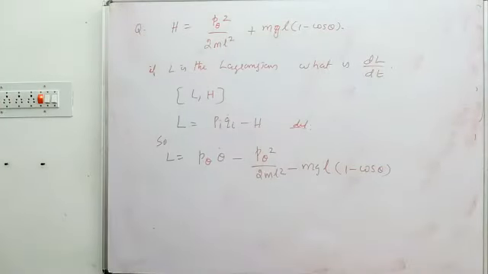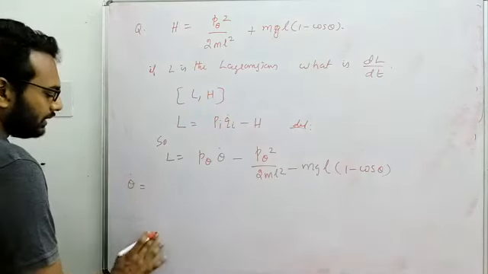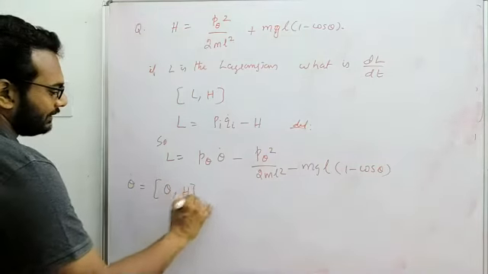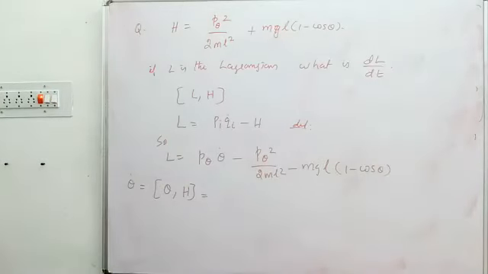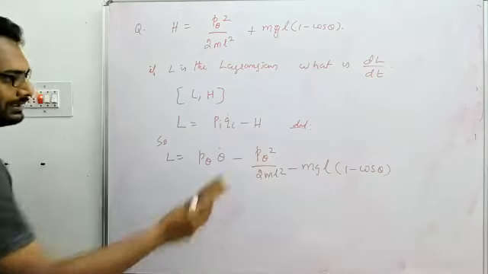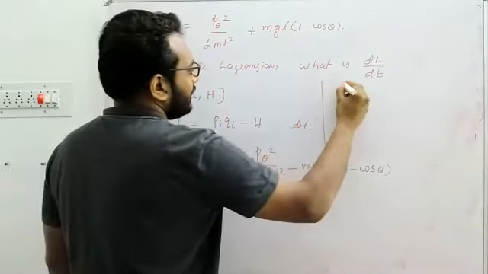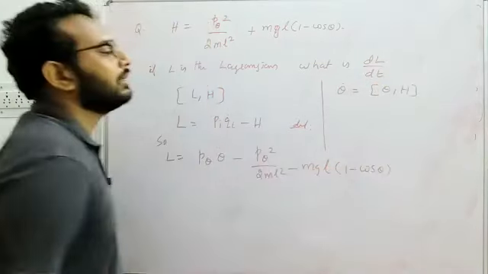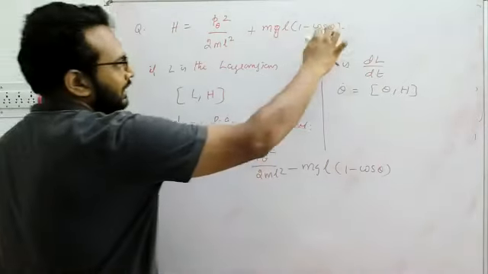Now we need to find theta dot. What's theta dot? Theta dot equal to {theta, H}. By definition, we have this result. Now there is a theta term here, that's 0.